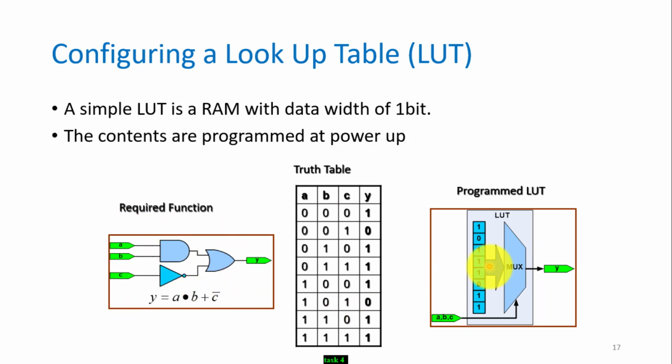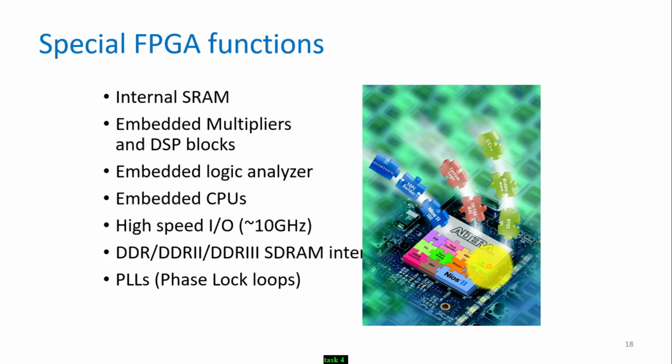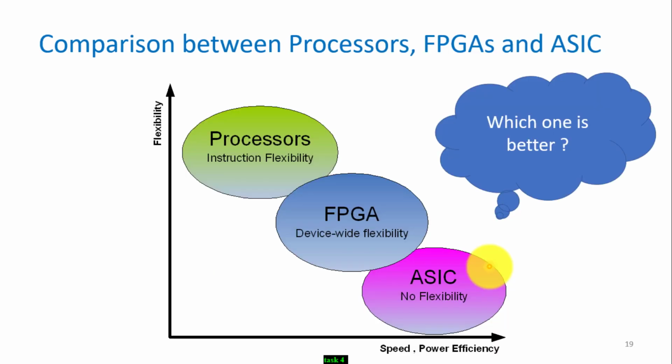This is faster in terms of time and in terms of frequency. So the special functions of an FPGA are the internal SRAM, embedded multipliers, and DSP blocks. DSP is digital signal processing blocks, embedded logic analyzers, embedded CPUs, high speed inputs and outputs up to 10 gigahertz, DDR 1, 2, 3 SDRAMs, and phase-locked loops.